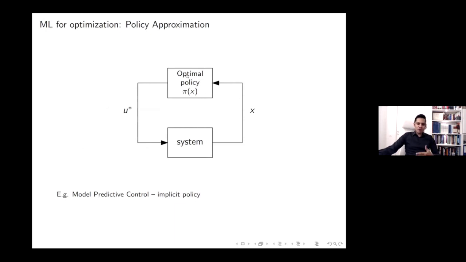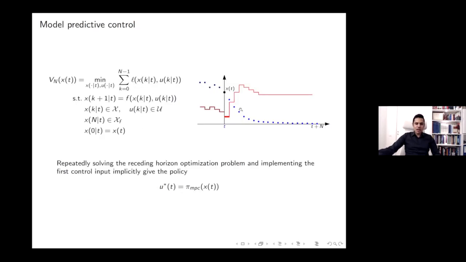Instead of solving the optimization problem directly, we would like to approximate the policy function in order to use some kind of an approximate policy that we can then use online for evaluating the decisions based on the current state of the system. So let's focus just on the MPC part.